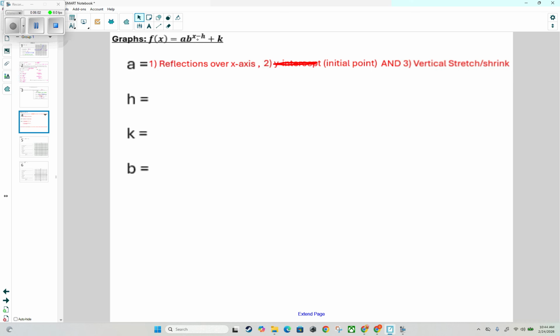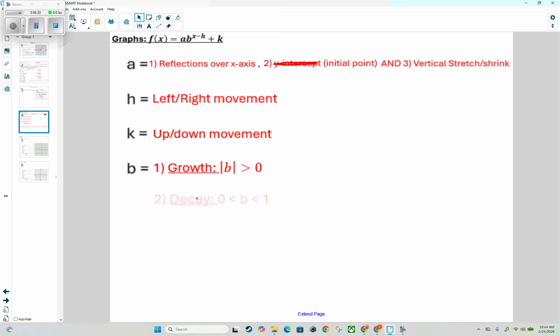So h is up at the top. Notice that's a negative because we do the opposites. So that's our left-right movement. The k is our up and down movement. And then that b, I told you that number right there, he actually tells us our growth or our decay. If that number is bigger than 1, it's a growth function. If that number ranges between 0 and 1, we've got fractions or decimals that are less than 1, we're looking at a decay.